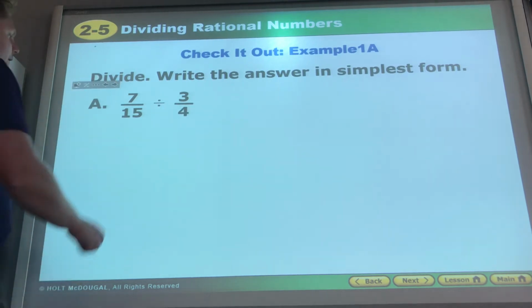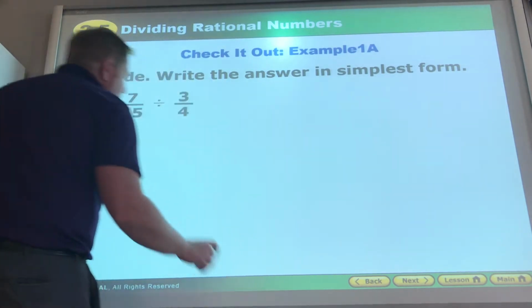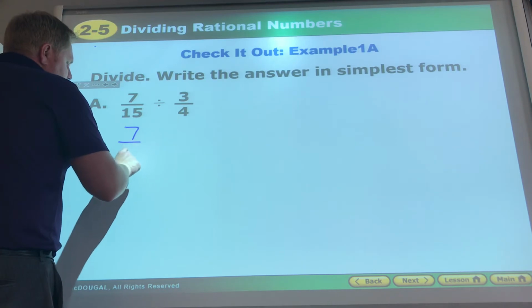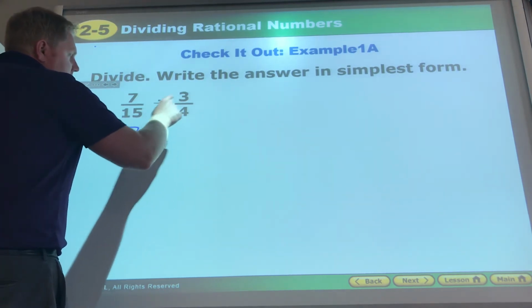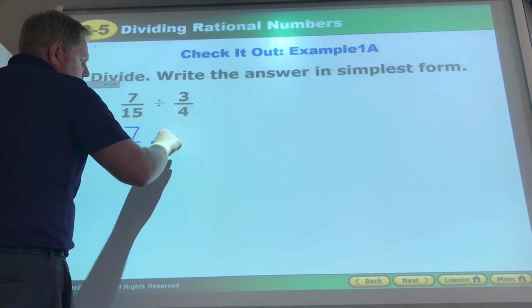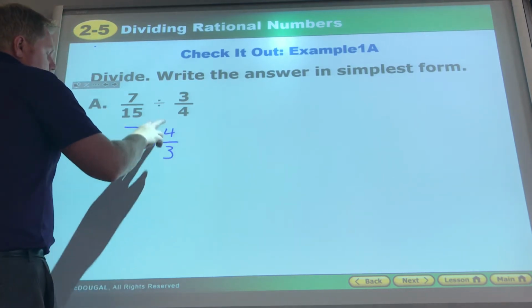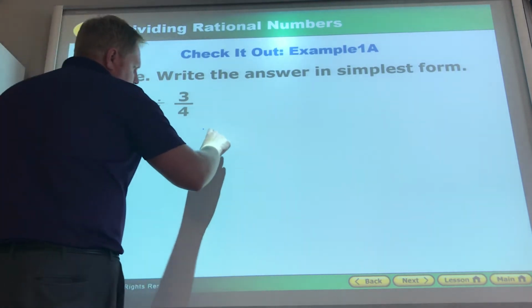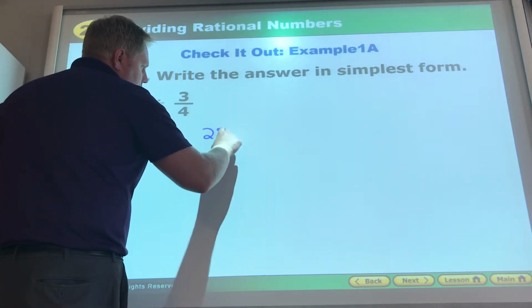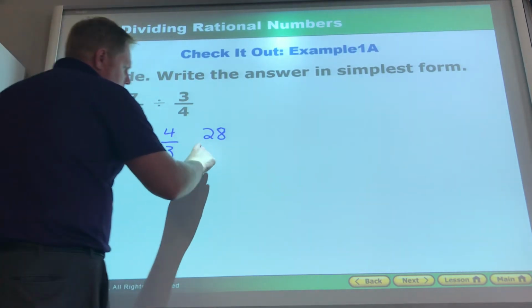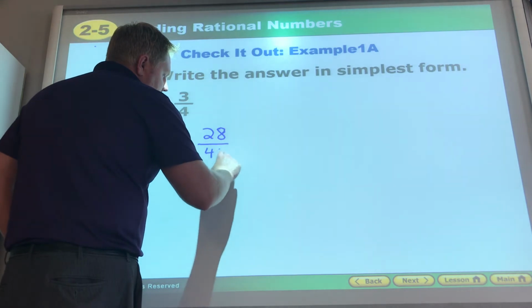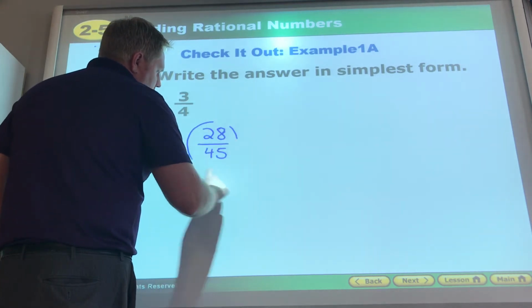So here, we have to think 7/15, not divided by 3/4, but times 4/3. There's no simplification that can be done, so we have 28 over 45, and we have our answer.